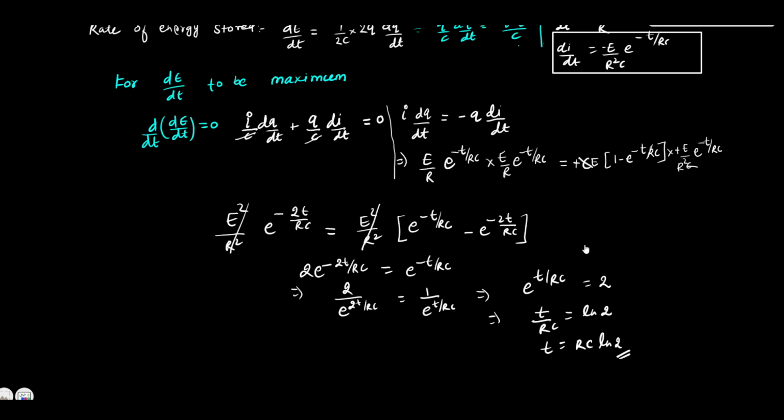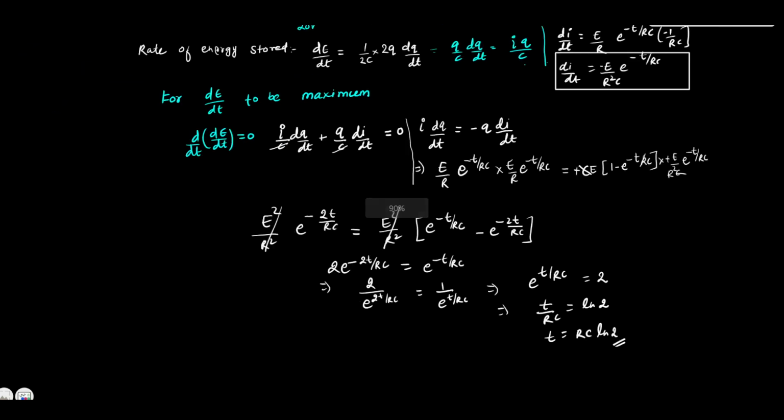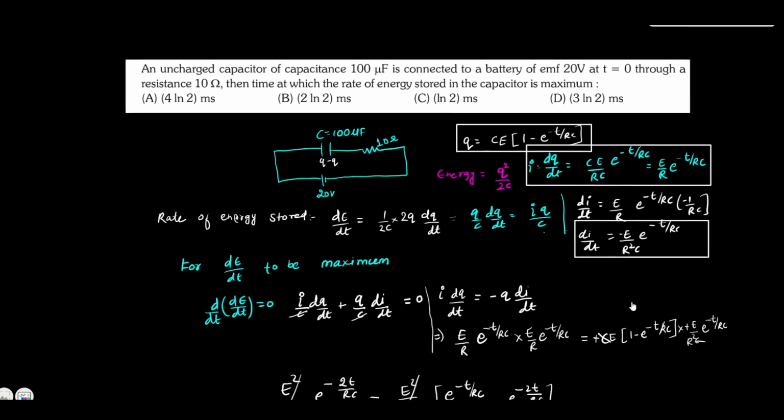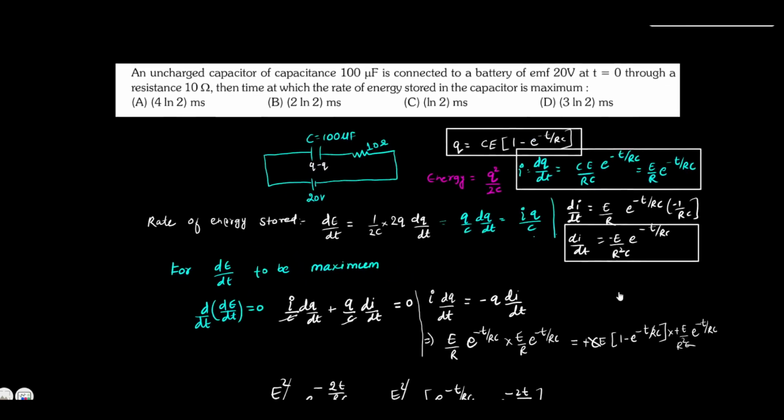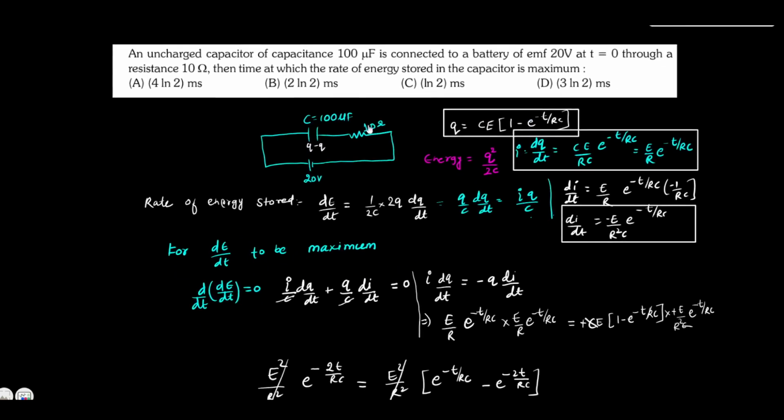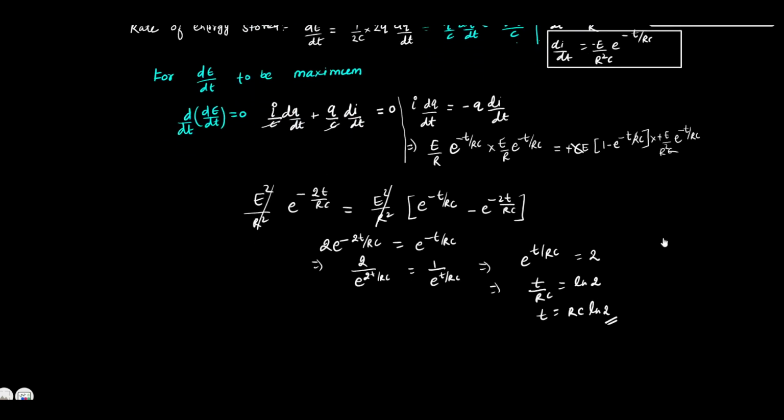We just have to follow each step, and then we reach this answer. Now if you substitute the value of RC, R is 10 ohm and C is 100 microfarad, so 10 times 100 times 10 raised to the power minus 6 times ln 2.